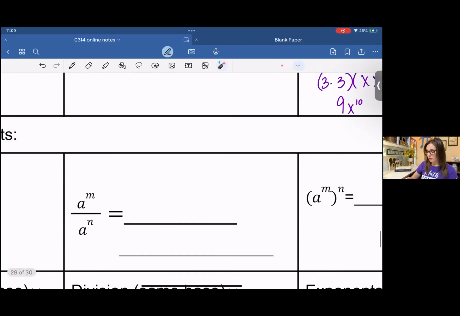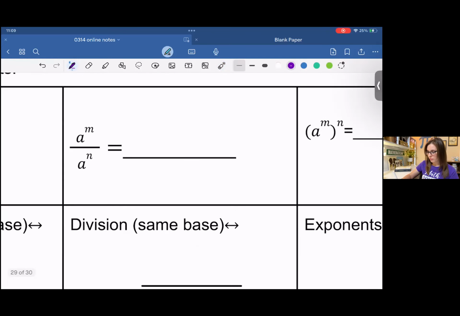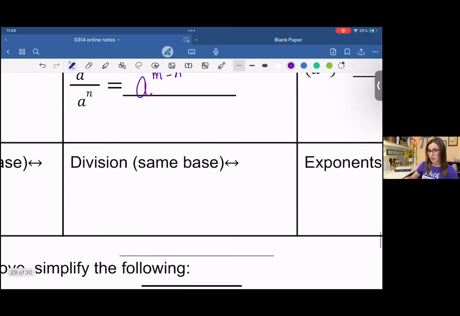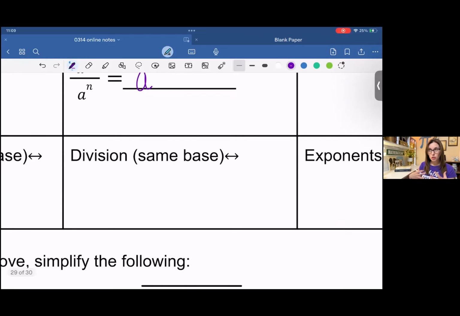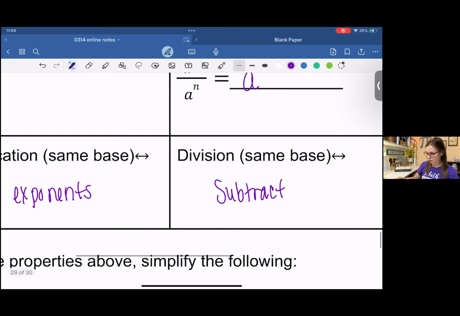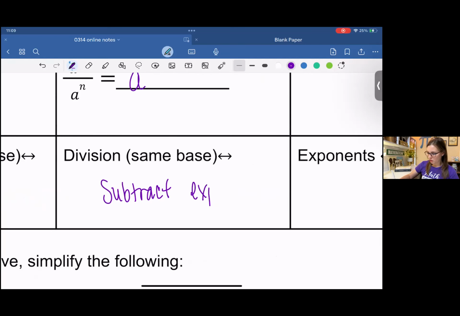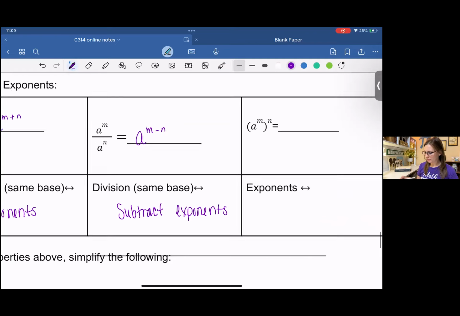So when you have division, we're actually subtracting the exponents because we had certain components that divided to 1, and it kind of subtracts them out of the expression, and we end up with subtraction. How did I write that? Subtract exponents. So we're really just adding and subtracting, which is not very hard.